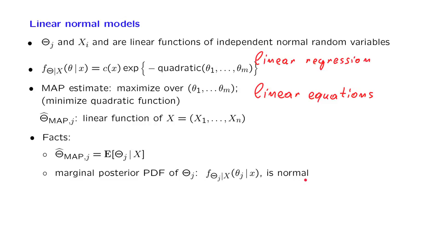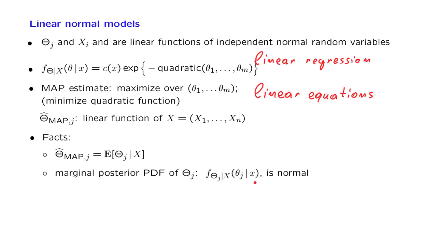Since it is normal, its mean, which is this quantity, is going to be equal to its peak, and therefore it is equal also to the MAP estimate that would be derived from this marginal PDF.